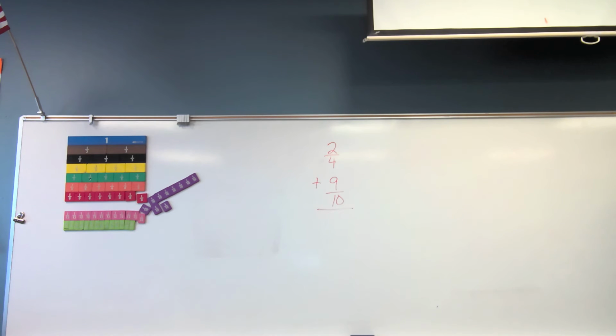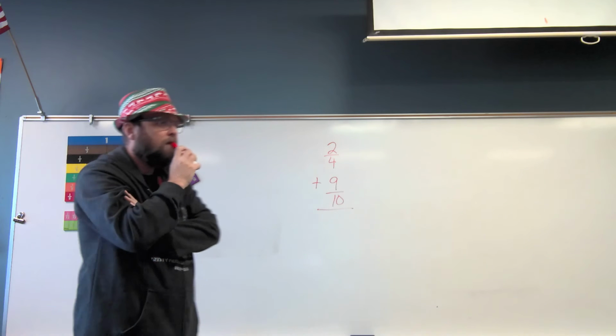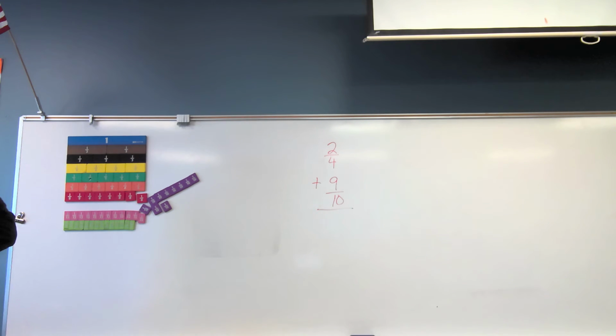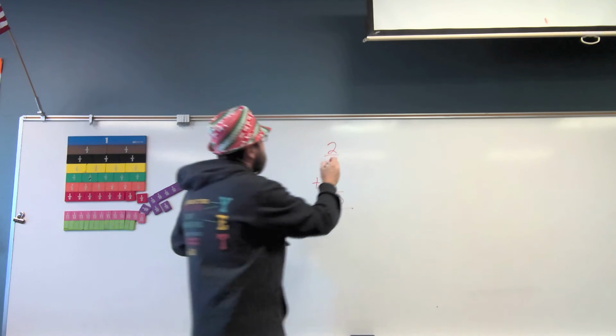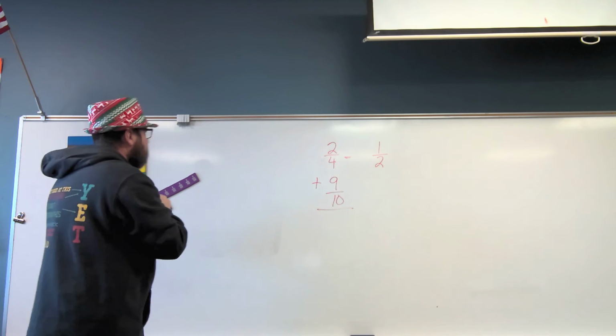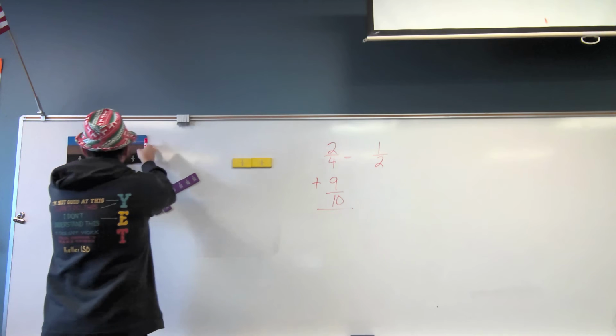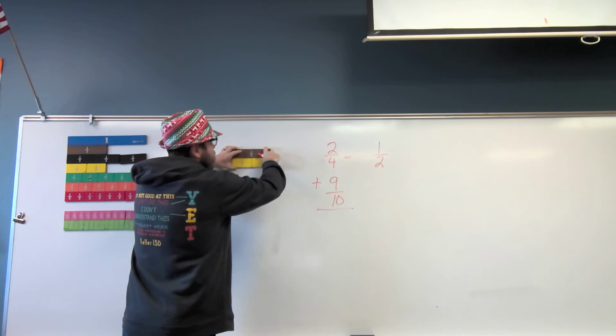Anybody have an idea of how to solve this problem? Ms. Balios? I could do fifths. Well, 4 times nothing equals a 5. So how can I do fifths? We could change 2/4 to 1/2, and I could do that if I have my pieces or I'm on my electronic one. 2/4 does equal 1/2.